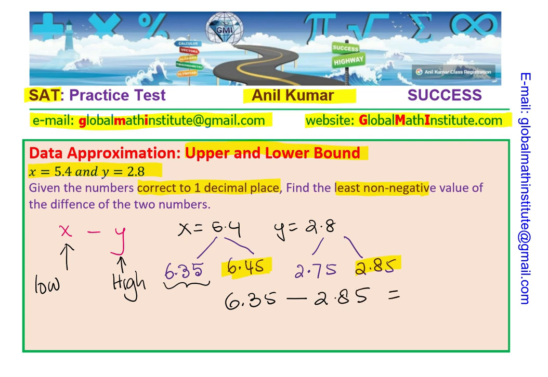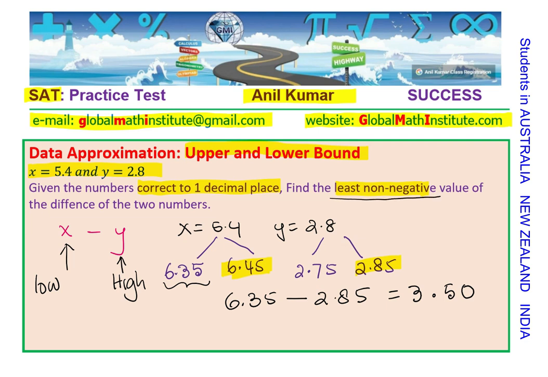You get the idea. So when you do this subtraction, 5 minus 5 is 0. 3 minus 8, you borrow 1, 13 minus 8 is 5. And 5 minus 2 is 3. So we get 2.50 as the least non-negative value, correct? So that is your least non-negative value in the given circumstances.